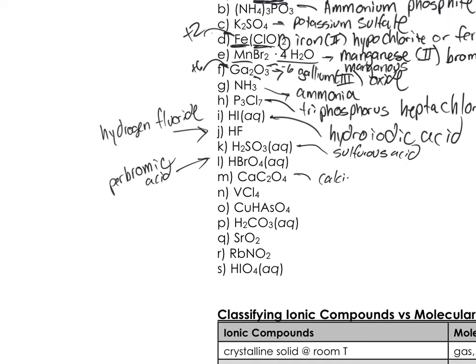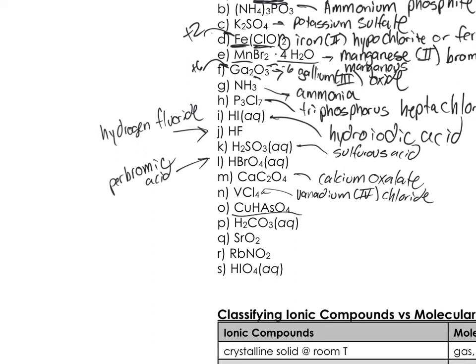Calcium oxalate. No Roman numerals. Calcium only has one oxidation state that it'll take. Vanadium has multiple oxidation states, so this is vanadium 4 chloride. Notice no Greek prefixes.